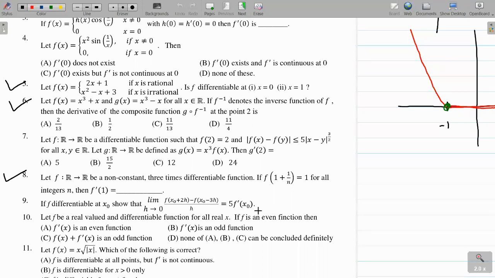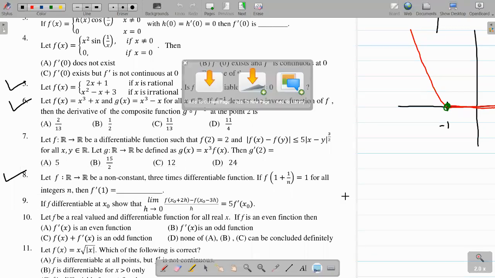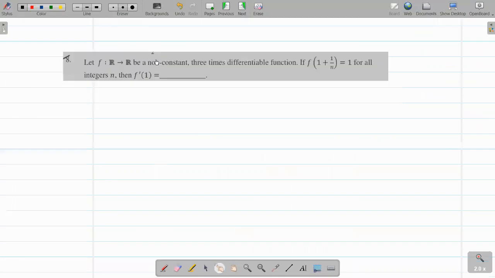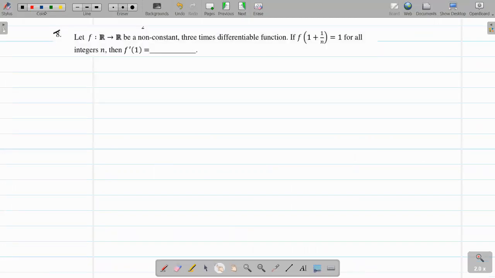Yes, eighth. Eighth is interesting. Simply go by definition.